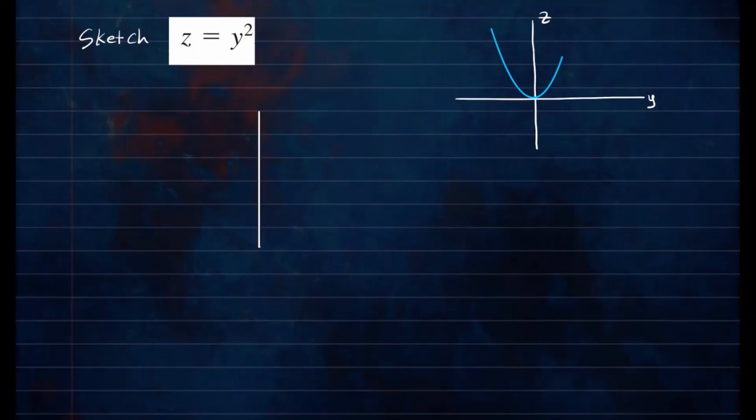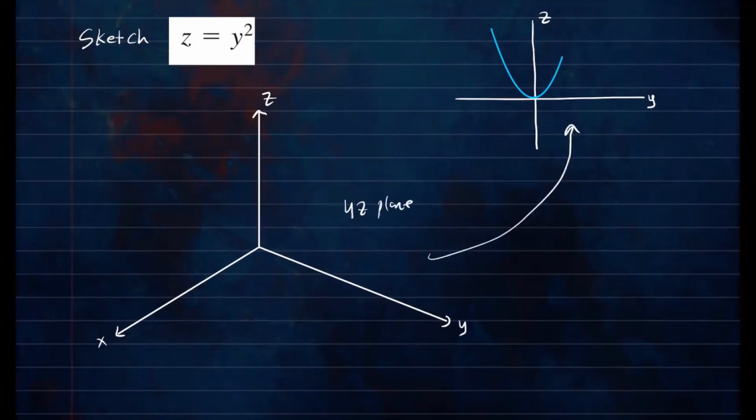So this is our z-axis. This is our x-axis. And here is our y-axis. Along the yz plane, so this one right here, this is the yz plane. We saw right up here that it's a parabola.